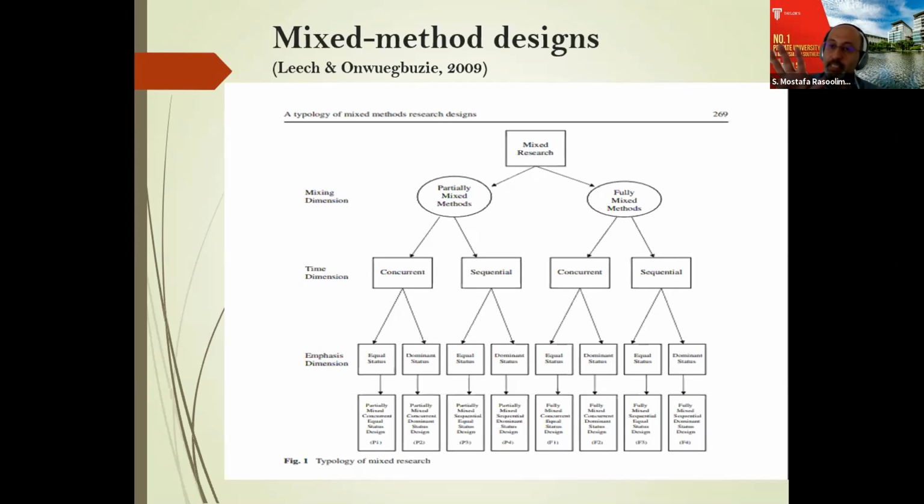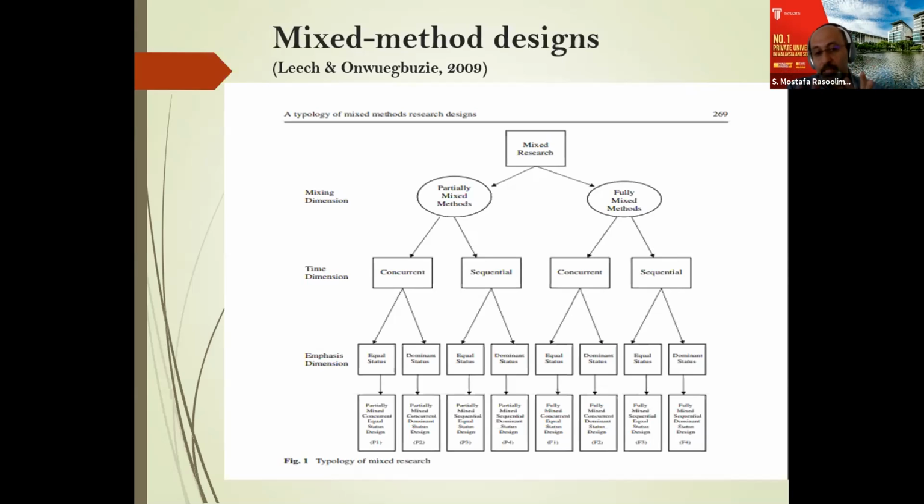So you can see mixed method can happen concurrently, can happen sequentially, can happen partially and fully, and with dominant and equivalent status based on this diagram and these three dimensions.